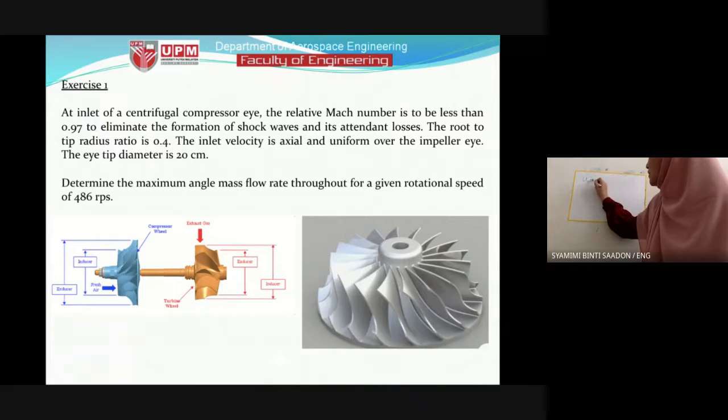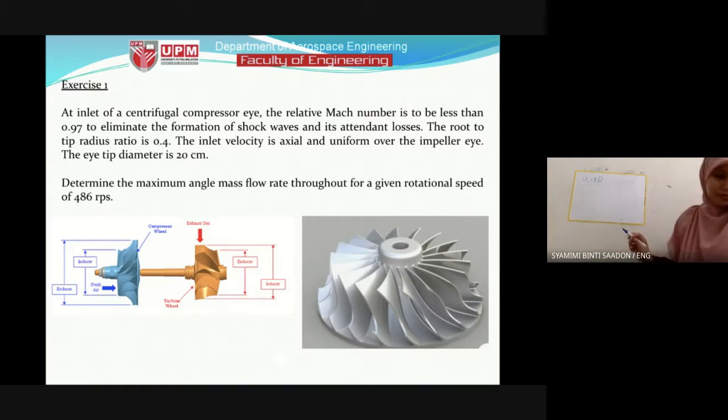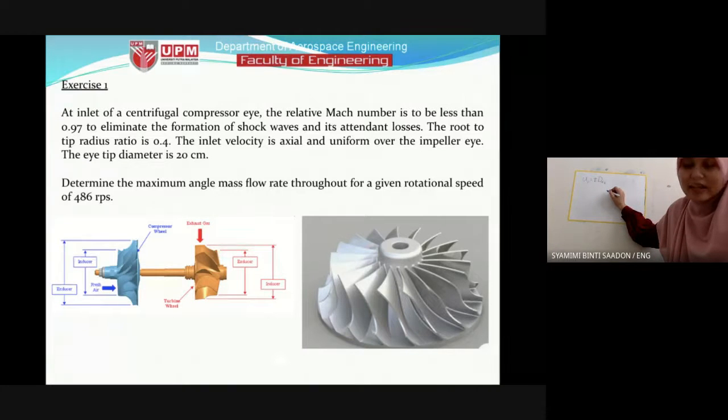U1 equals pi d of the I tip times n, the rotational speed.